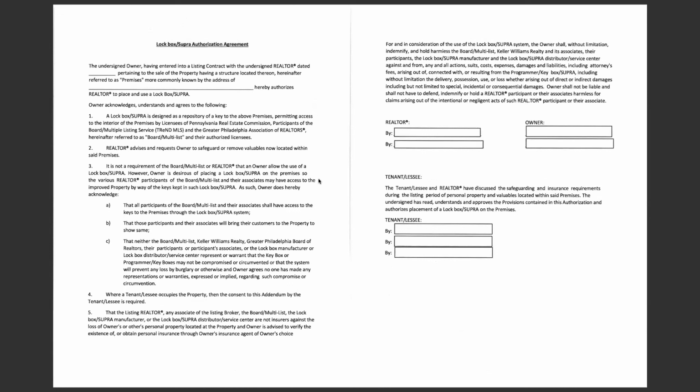You need permission to put a lockbox on there because if something horrible like that should go awry, now we have a seller saying, I never agreed to a lockbox and they robbed my house. That's not so warm and fuzzy in a court of law, but here you have authorization to have a lockbox. So you want to use that. It's always the what if, how do we protect ourselves?